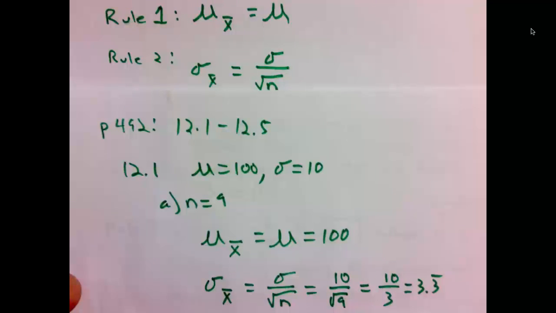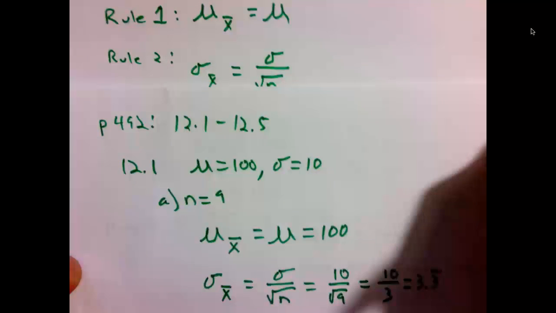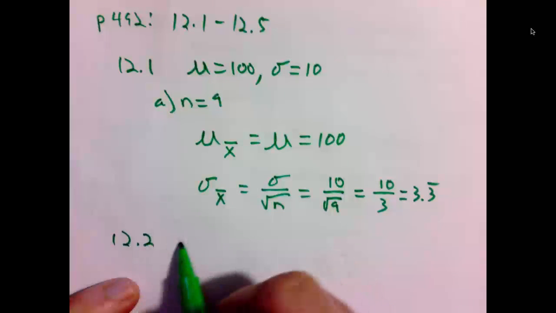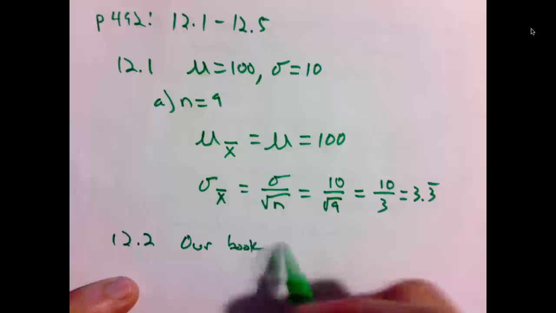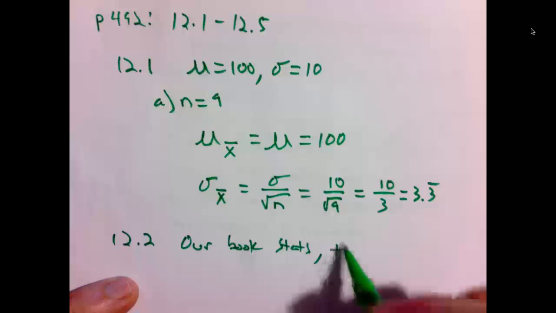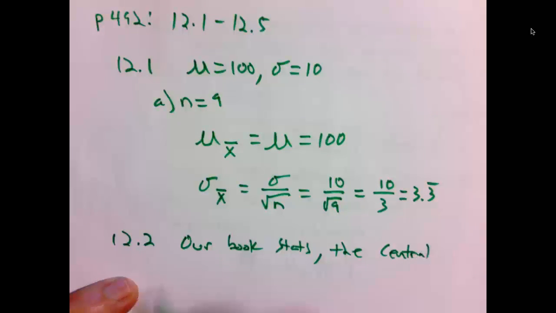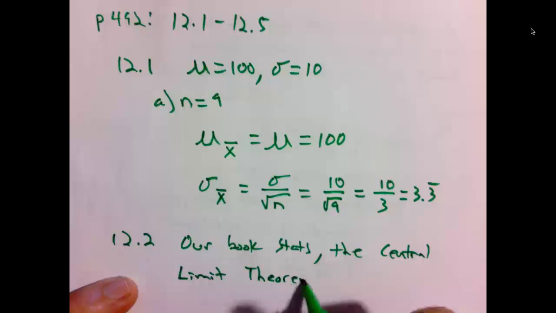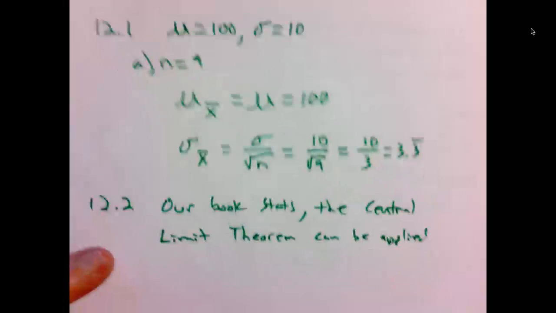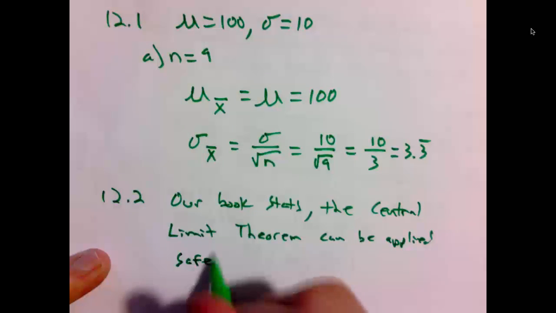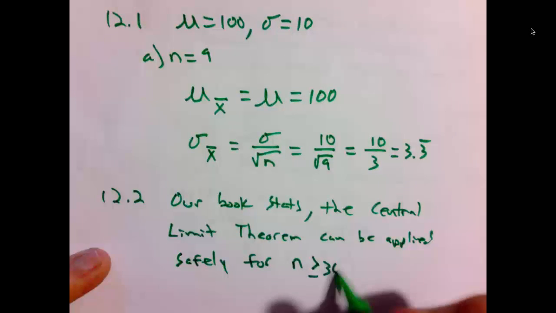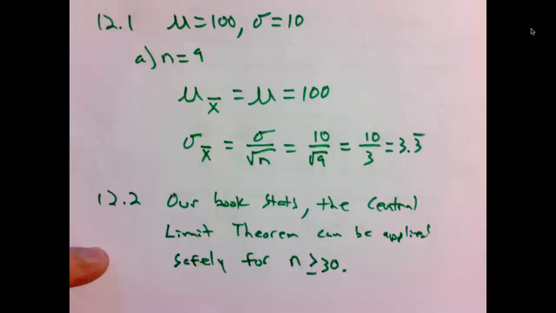Well, 12.2, although this is a general rule of thumb, and this is not written in stone, our book states the central limit theorem can be applied safely for n greater than or equal to 30. So we're going to go with that rule.